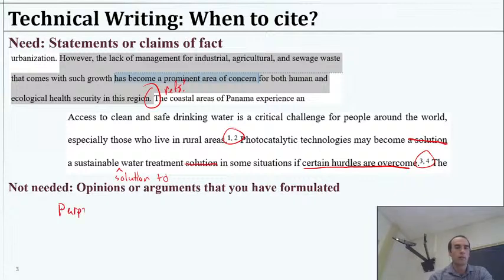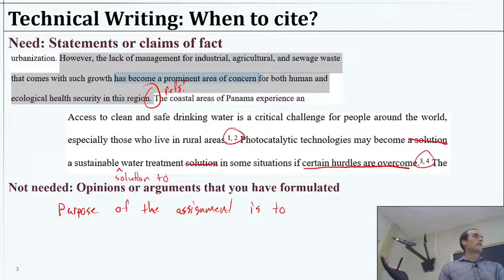We'll say this: the purpose of the assignment is expressly to build your own opinion or argument, to make your own statement based off of what you learn from other people, right?